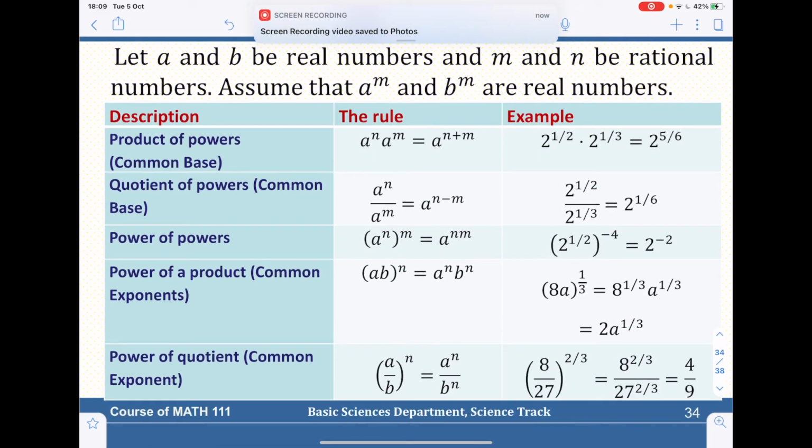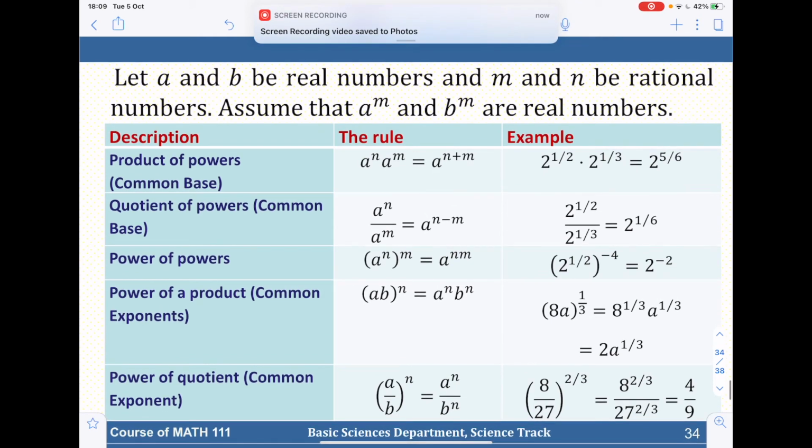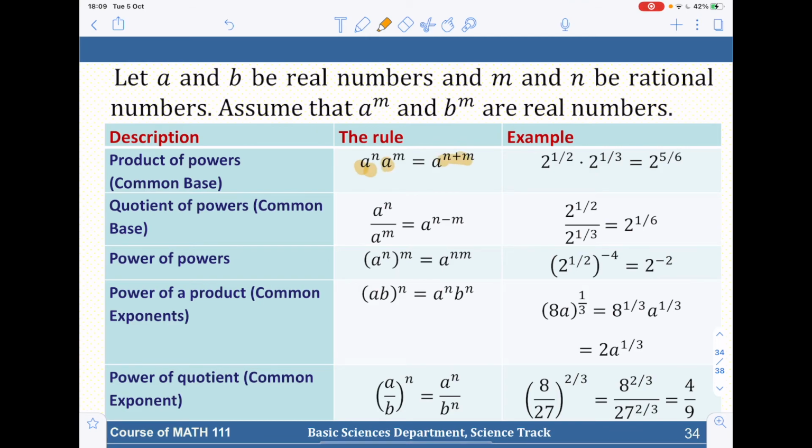Okay, so this is the rule of the exponent, and let's just summarize the rules of exponents. If we have the same base, we can add the powers. In the division, we can subtract the powers. If we have a power raised to another power, we can multiply the powers.